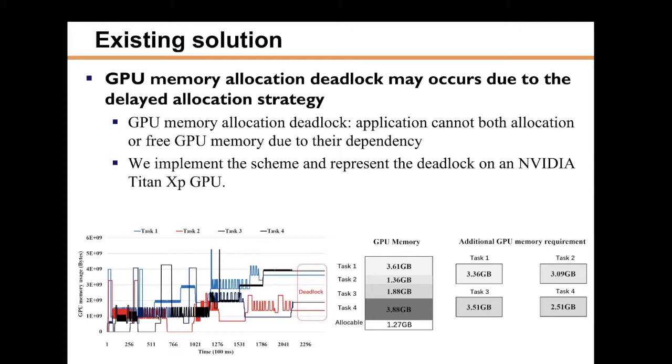We can see that at that time, the free GPU memory size is 1.27 gigabytes. However, each task requires more than 1.27 gigabytes of memory allocation to continue its execution, and thus none of them can continue.